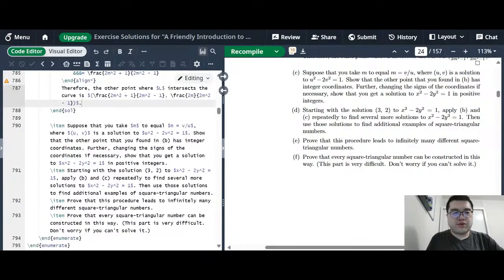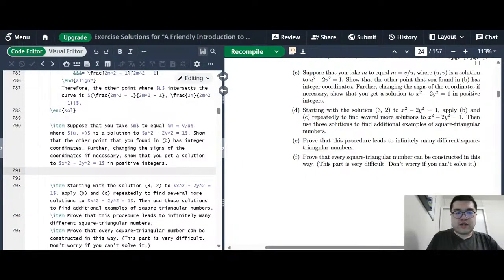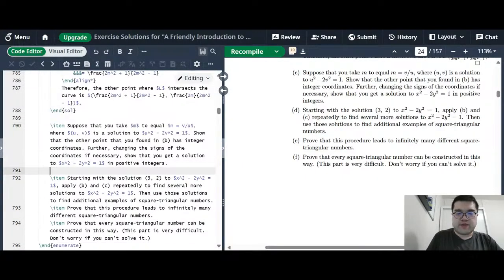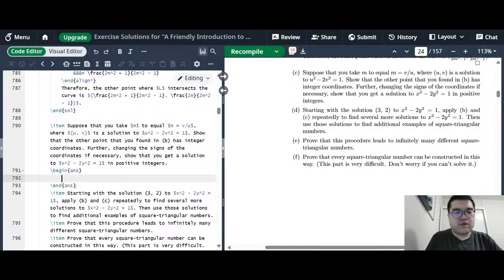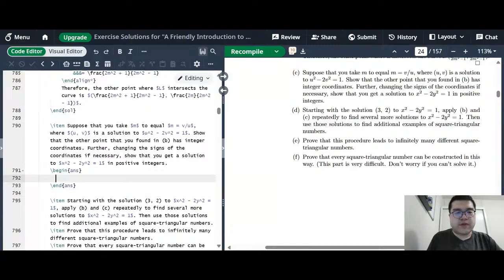So what are we supposed to do here? Well, let's see. If we try to do, oops, bad habits here. We're going to show the other points you found, so we actually have something like an answer. Usually I like to call it a proof, but technically it's not really a nice setup of proving it.